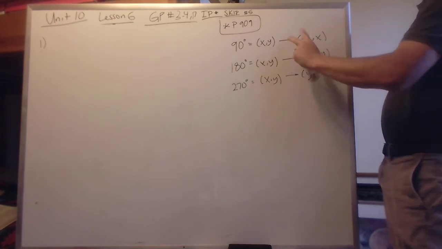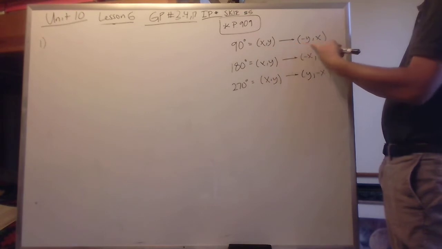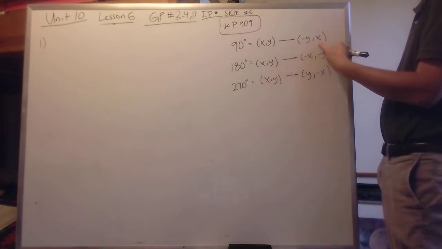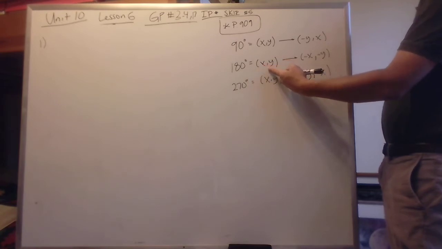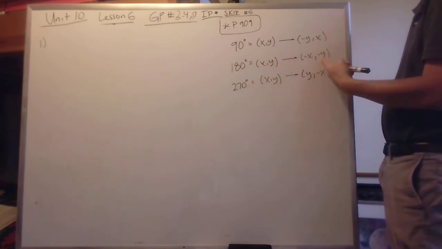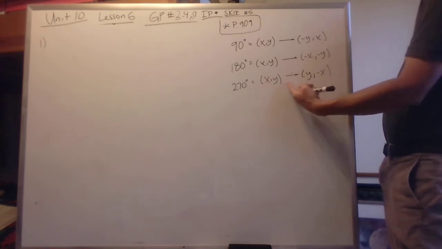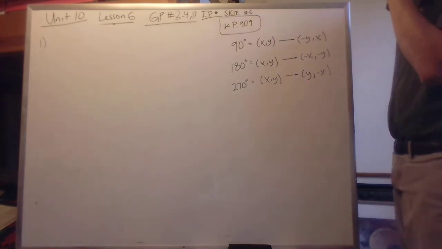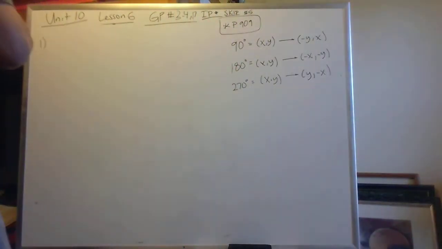You're just switching the coordinate into this pattern, which is negative y comma x. For 180, it's going to go from x, y as the coordinate to negative x, negative y. And 270-degree rotation is going to go from x, y to y, negative x. So I'm going to show you what this means right now on problem 3.